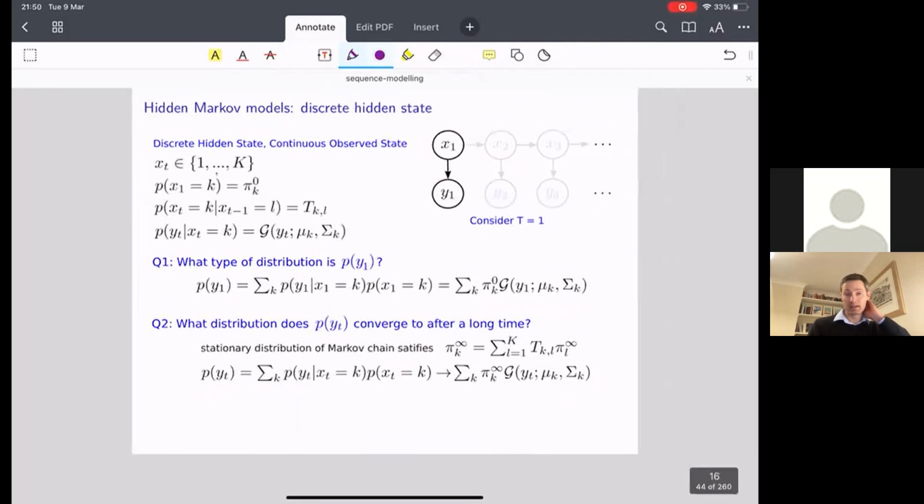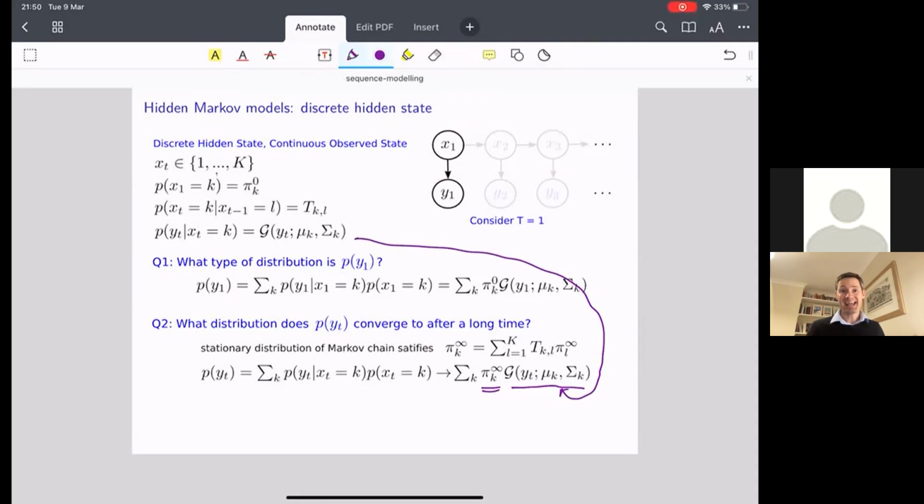Well, that's exactly the same as this distribution up here, because it's plugging this into the same expression. So when I do that, we can say that this limits to, again, a mixture of Gaussians model, where the probability of coming from each one of the Gaussians is given by the invariant distribution of the latent first order Markov model. And the components are the same components that we had before, the components from the emission distribution.